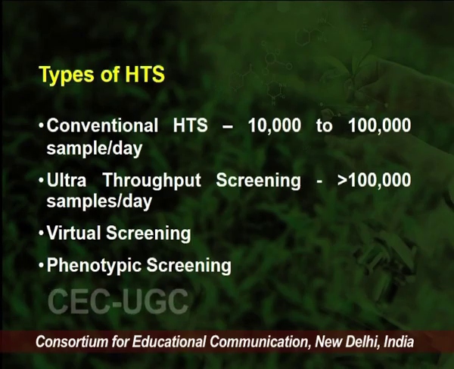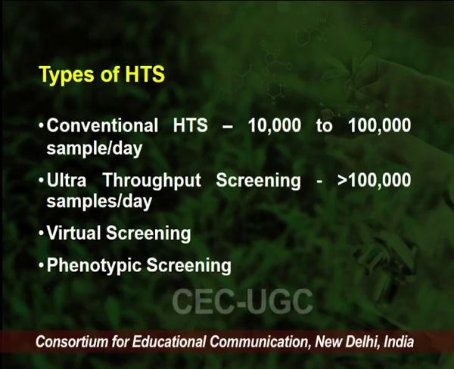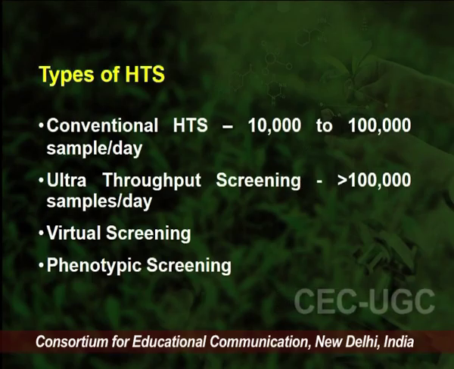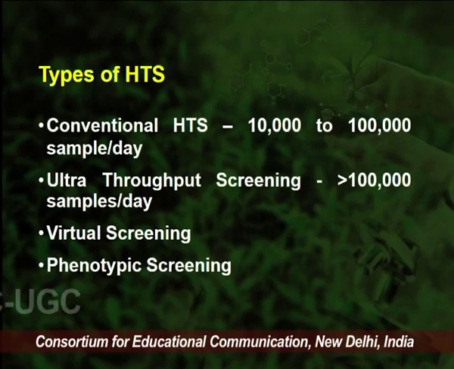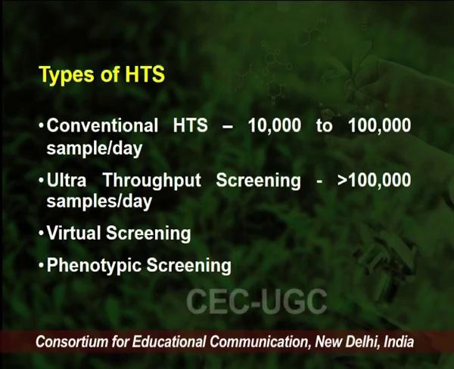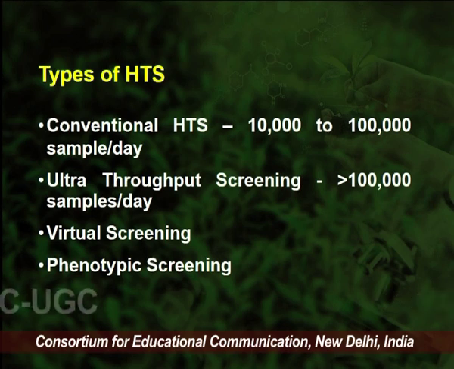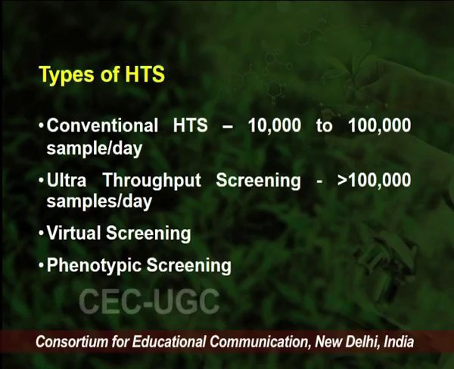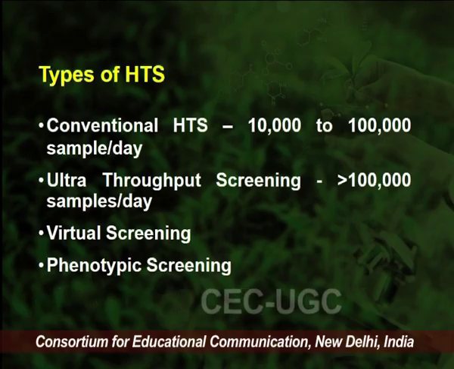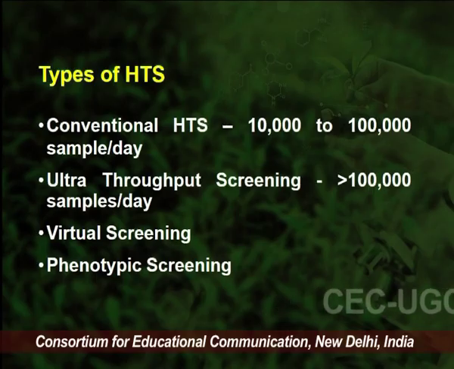Now, if we look into the types of high throughput screening, we have conventional high throughput screening, wherein the screening frequency is 10,000 to 1 lakh samples per day. Then further advancements led to the development of another high frequency technique, which we named ultra throughput screening, which can handle more than 1 lakh samples per day.